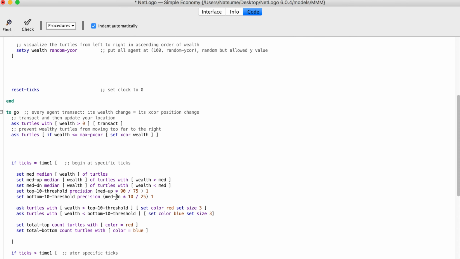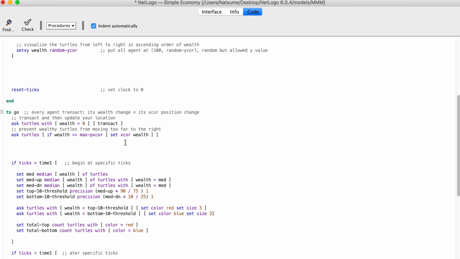So for any turtle whose wealth is smaller than 500, we set the turtle's x coordinate to its wealth value, because this wealth value will not be bigger than 500, so it will not go over the border of the world.